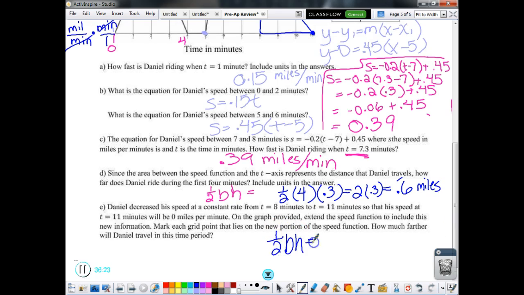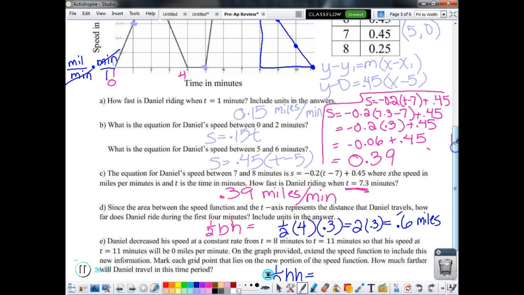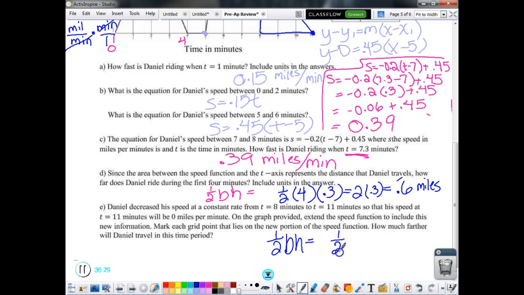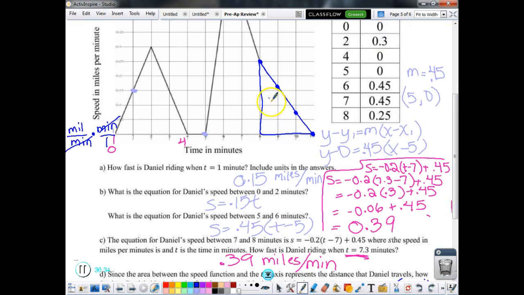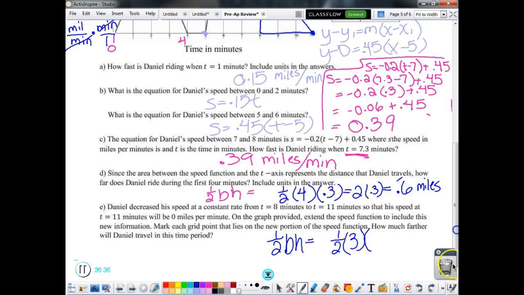So my base is 3, right? And then times 0.25. Okay, this one here you're gonna actually, yeah, 1/2. 3/4 is how much? 0.75.